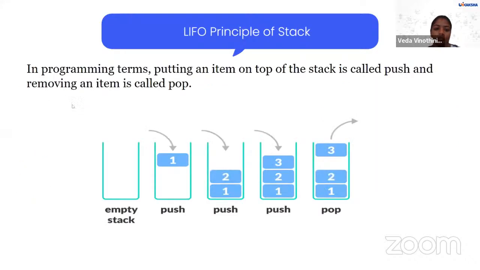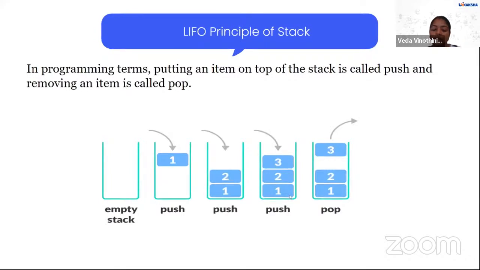Right, so now we are going to see this in a pictorial representation. See here, guys, the LIFO principle is the principle followed by this stack. Last in is the first out. For example, first take this container. This is the empty stack. Now we are going to add one value. Adding or insertion is called push in the stack. So we push 1 here, and after that we push 2 and then 3.